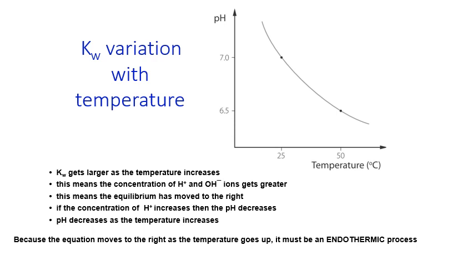So therefore, using that logic, pH decreases as temperature increases. As the temperature of water increases, its pH actually gets more acidic. Because the equilibrium moves to the right as temperature goes up, it is therefore an endothermic process. It requires energy to be pushed into the system in order for it to occur.